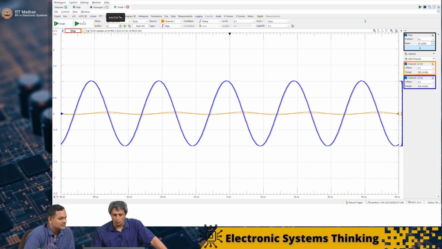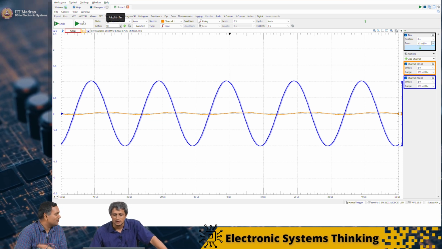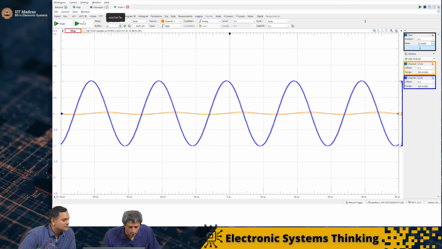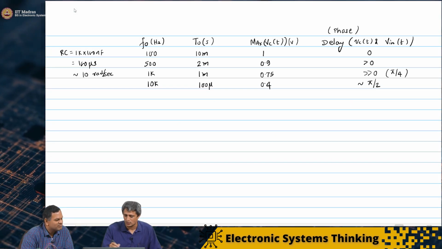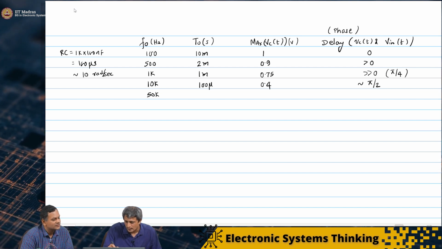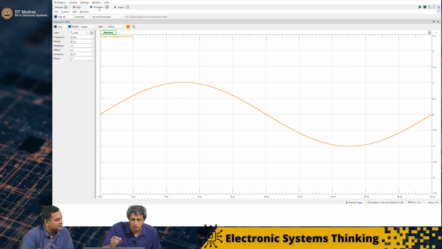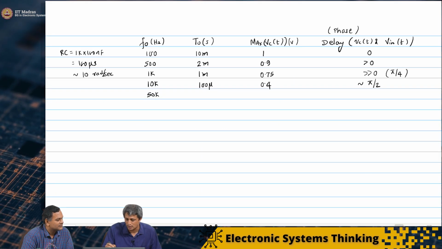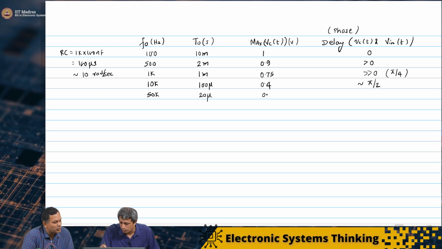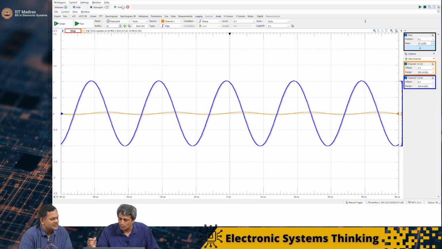The output amplitude is almost zero, stuck at 0, maybe 0.1 volt or 100 millivolt. This is 50 kilohertz, which corresponds to 20 microseconds.